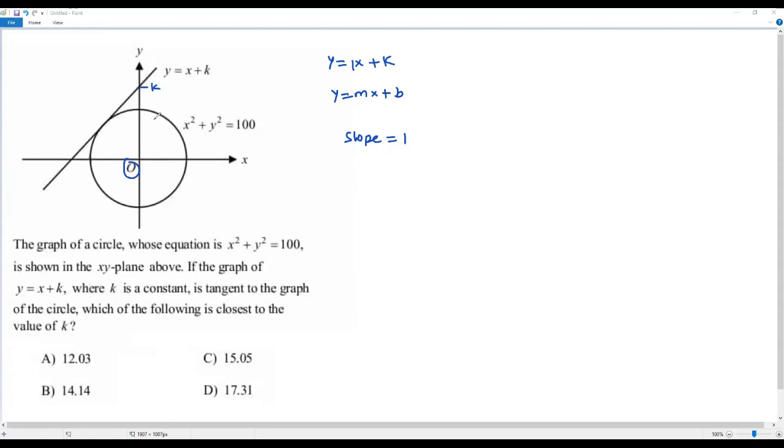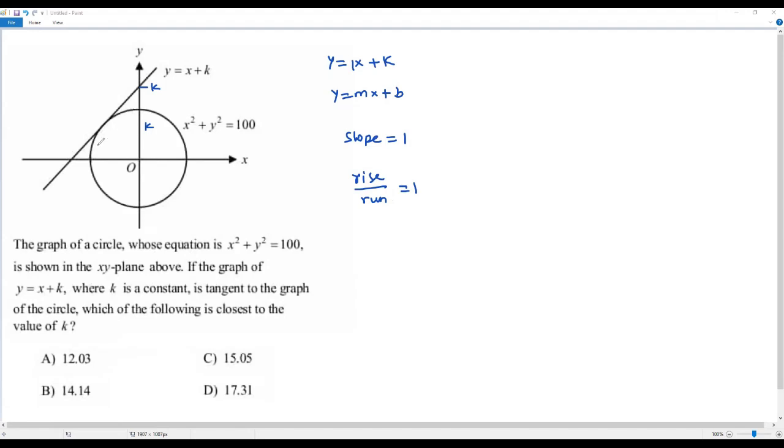Okay, here we have the origin. Here we have the value k on the y-axis. Then what is the length of this vertical line segment over here? That is k. And now let's consider the slope. The slope equals 1. Now we can consider the formula for slope, rise over run. Let me write the formula over here: rise over run equals 1. Since rise over run is equal to 1, the value of rise and the value of run must be equal. Now let's go to the graph.